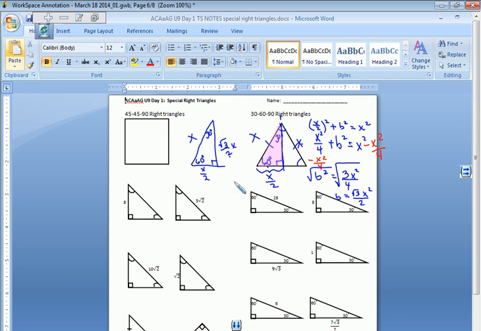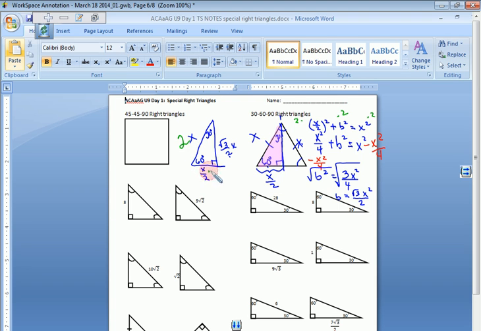Now, I've discovered that a lot of my students aren't real fond of fractions. Yes. And because I can write this as a squared plus b squared equals c squared, you see how I could do that? Would it be fair to go through and take this whole equation and multiply everything by 2? Yes. So I'm going to multiply this by 2.